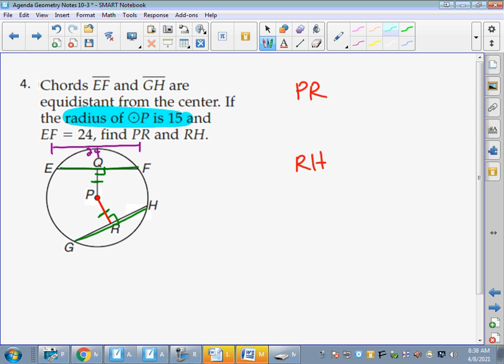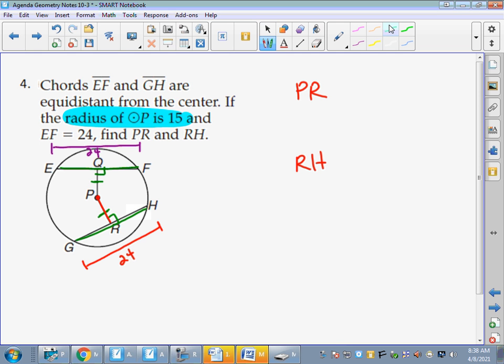All right, so here's the thing. We've got a couple things going on. If EF is equal to 24, GH has to also be equal to 24 because those two chords are equidistant from the center. So that means that the chords are congruent. So 24 for our GH.